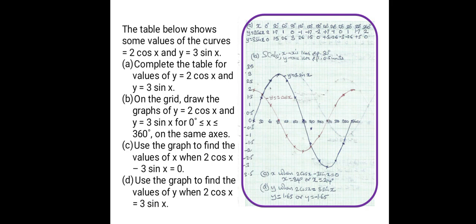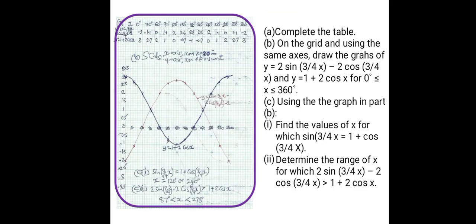On the grid, draw the graphs of y = 2 cos x and y = 3 sin x between the ranges of 0 degrees and 360 degrees on the same axis. Use the graph to find the values of x when 2 cos x - 3 sin x = 0. Use the graph to find the values of y when 2 cos x = 3 sin x.